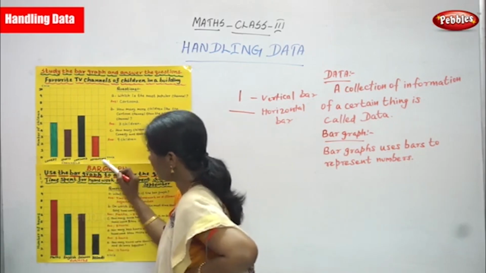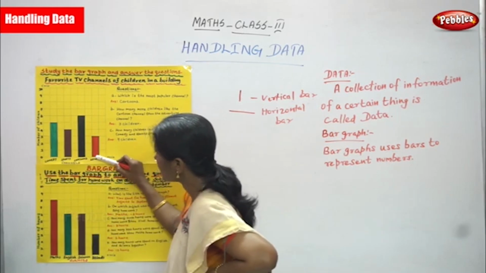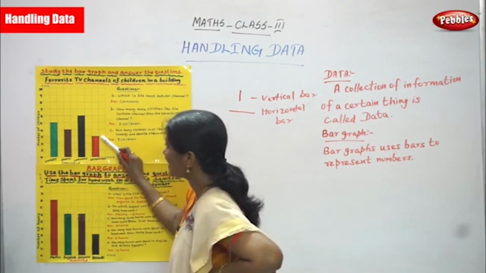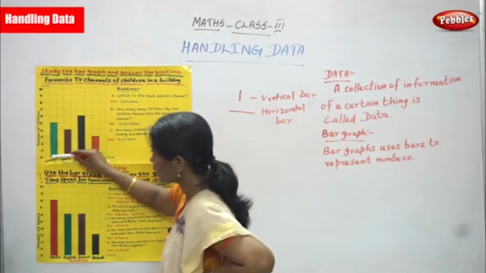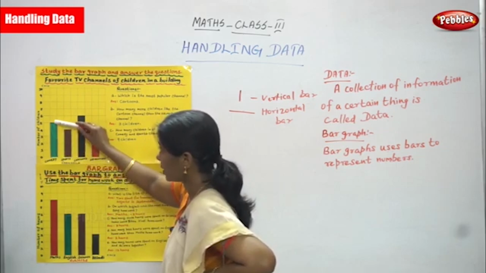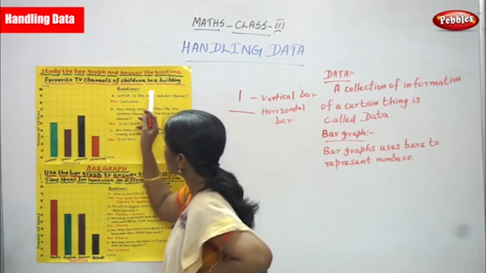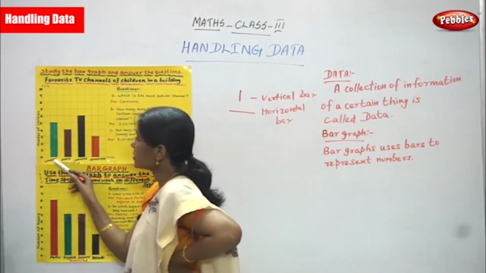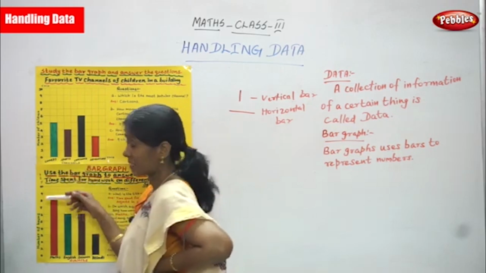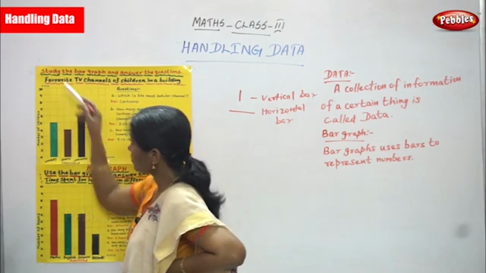Next is the adventure channel. Its vertical bar goes from 0 to 3. Comedy is 0 to 5. This is the number of children, which we have taken on the y-axis.